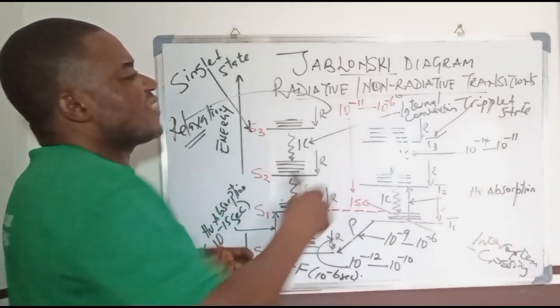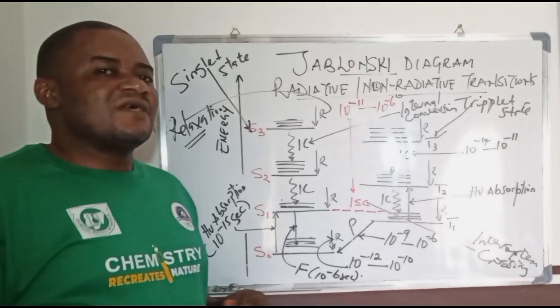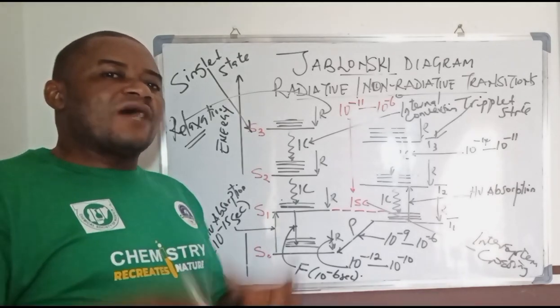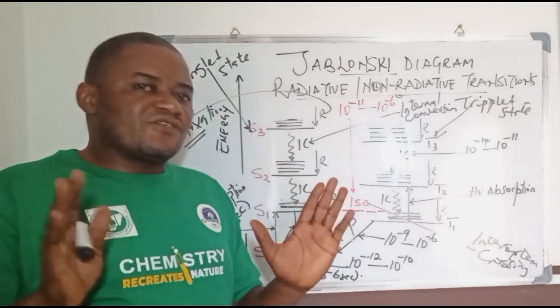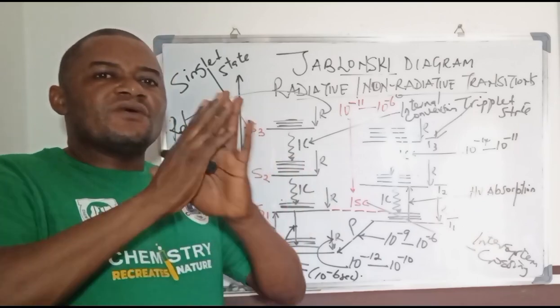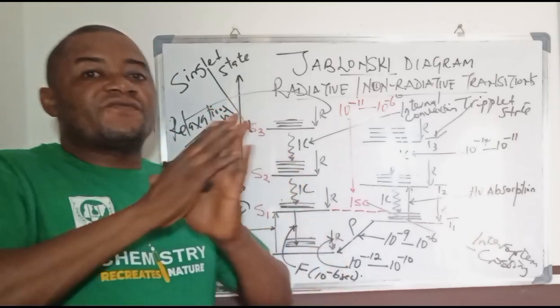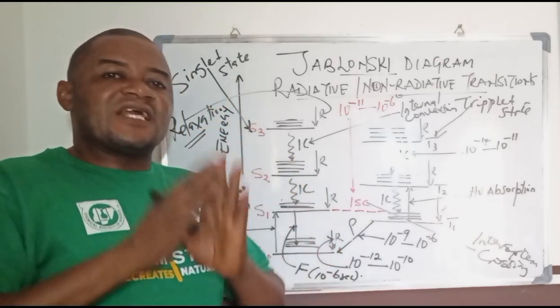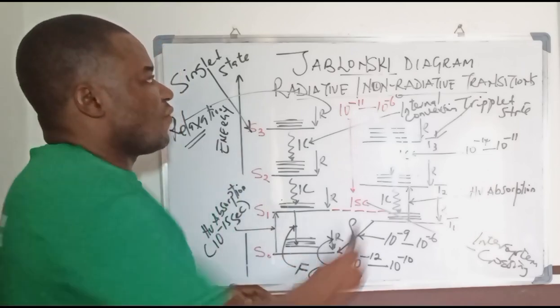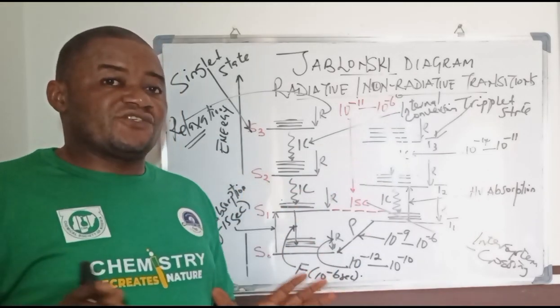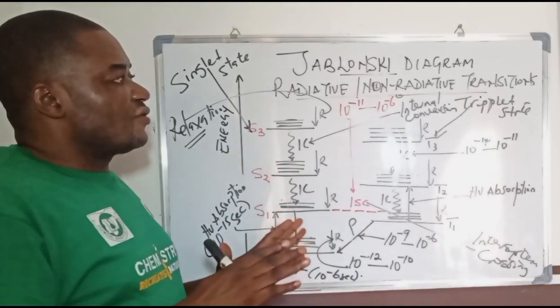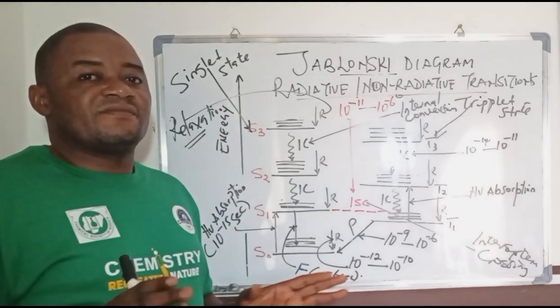Now, non-radiative transitions are transitions that take place without emission of radiation. There are no emissions of radiation for non-radiative transitions. There are no what? Emission of what? Radiation.